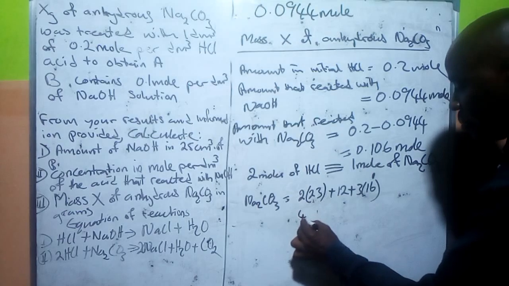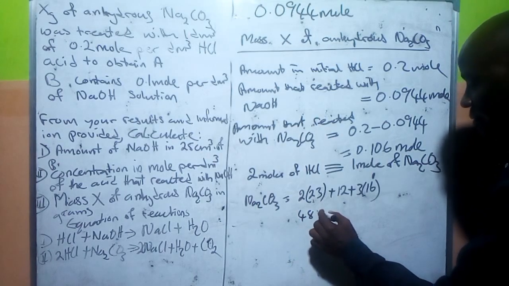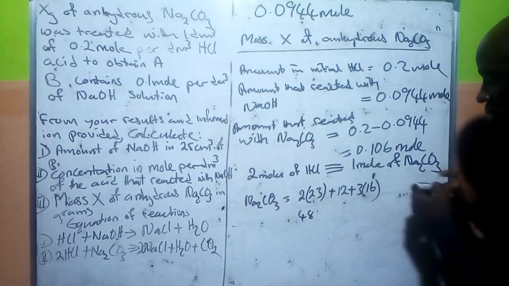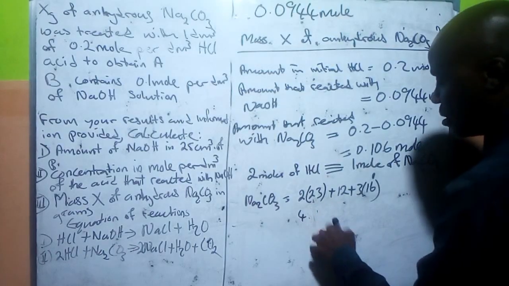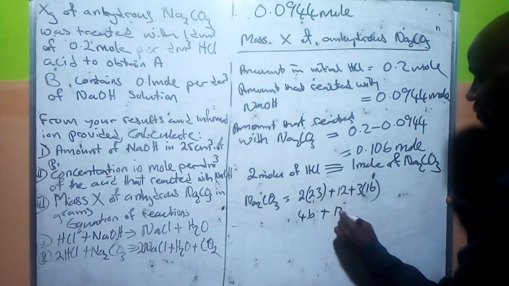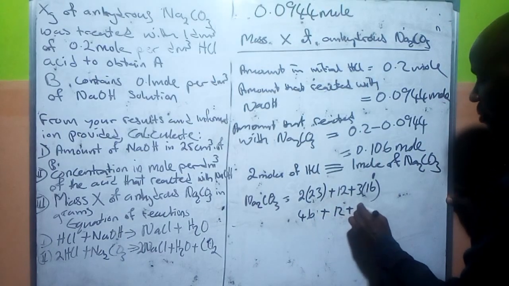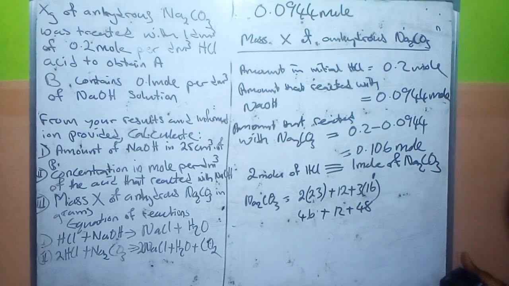So when we multiply through, 2 times 23 is 46, carbon gives us 12, and 16 times 3 will give us 48.